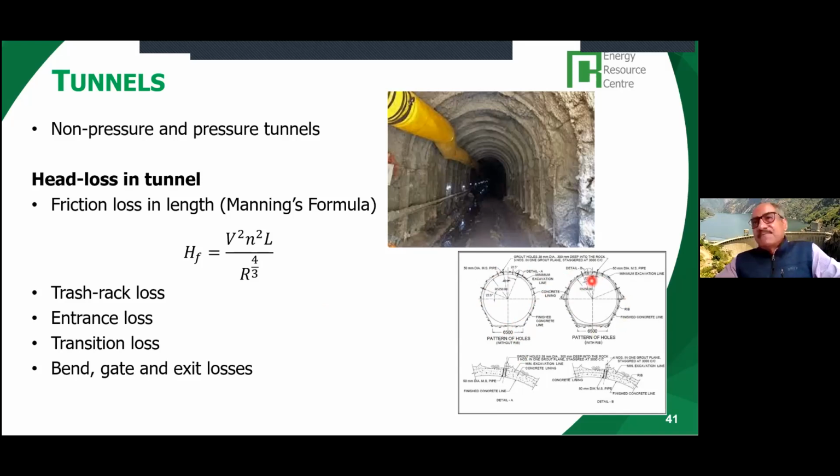These are based on the main construction methods, and the minimum size for manual construction is 2.5 meter diameter, because for workability, for people to enter and drill and blast, you need a minimum of 2.5 meter diameter. But nowadays you have tunnels that are drilled using tunnel boring machines, which can drill even smaller tunnels. Okay, now this is basically the principles of tunnels.